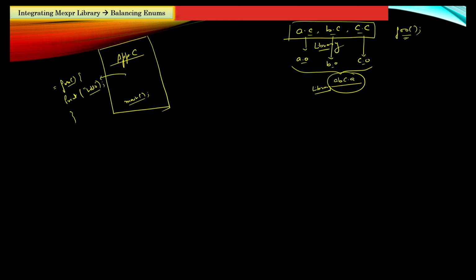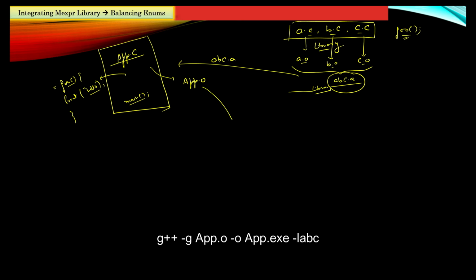And now app.c wants to make use of the library abc.a, and it will do so. So first of all, from app.c we will compile and create app.o. This is the object file. Now we compile the application object file and the library .a file together to create a final executable. Let's call this executable app.exe. Right?